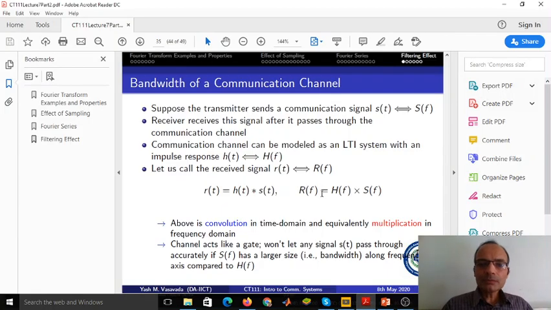Okay, so let us continue the discussion of the filtering effect, with pretty much the same example that we have seen, where when we try to do the low pass filtering using a practically realizable filter, we end up getting some distortion or disturbance in the frequency domain.